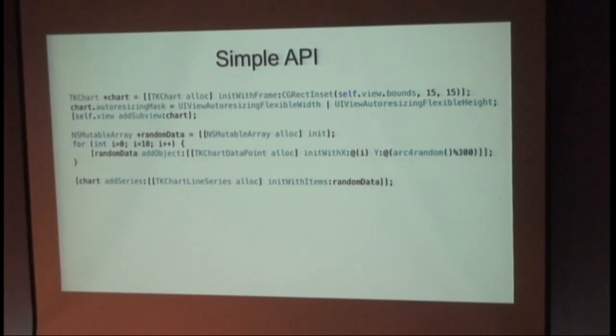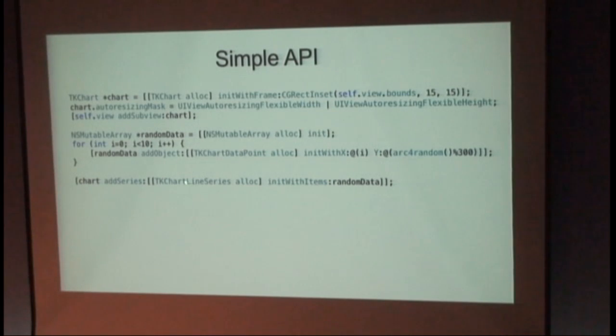Then we needed to add some random data in there, so we added 10 different data points. And this line is very important, because it keys in on what we were aiming to do with the simple API. This was chart addSeries, TKChartLineSeries alloc initWithItems, and then just our random data that we generated here.